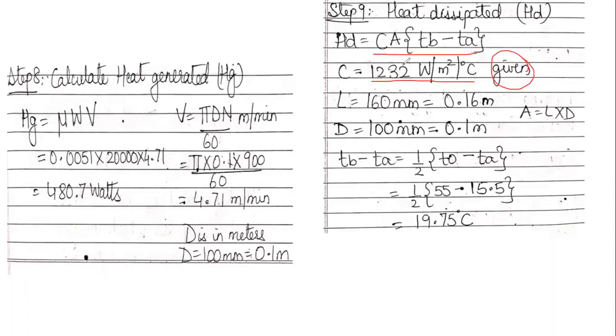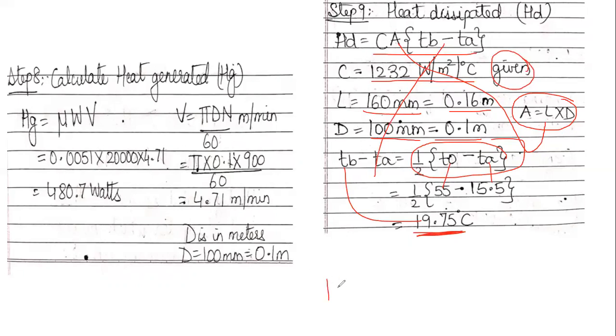Length we want in meters, so 160 mm का meters हो जाएगा 0.16 meter, 100 mm का हो जाएगा 0.1 meter. So area will be length into diameter, L into D. TB minus TA, we have to take half into TO minus TA. TO is given 55 degrees C. TA is also given 15.5 degrees C. So TB minus TA will be 19.75.